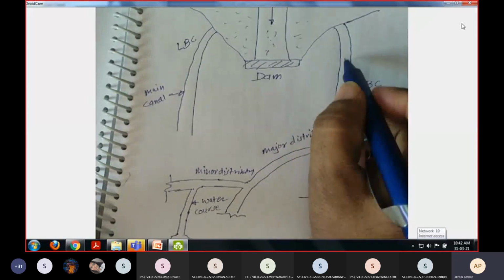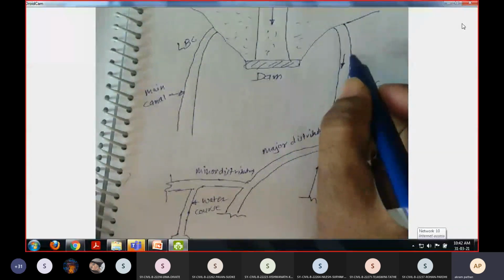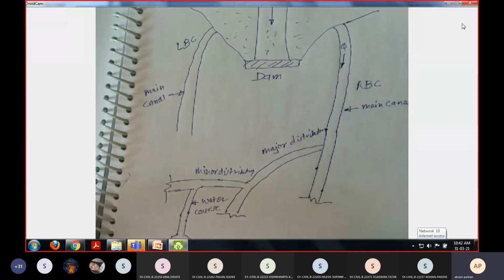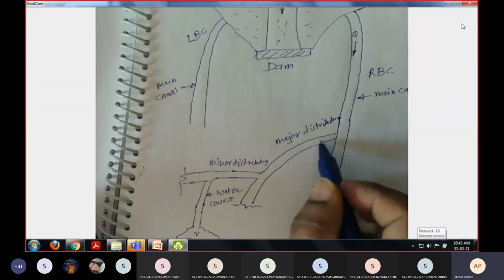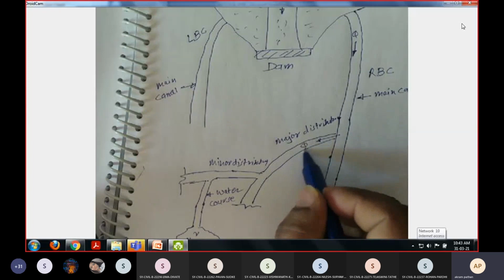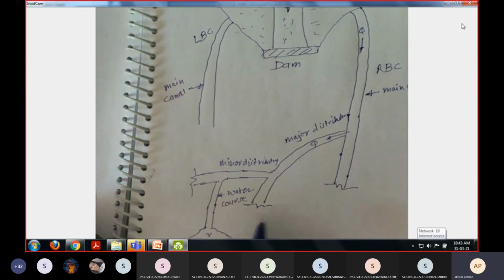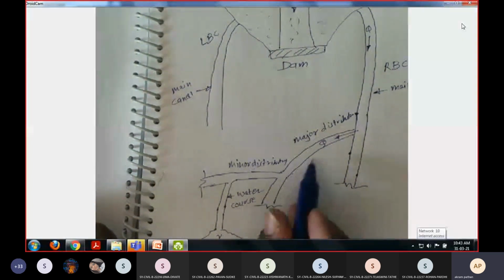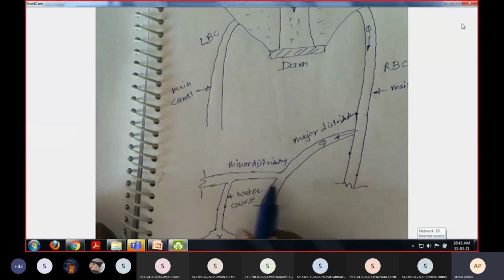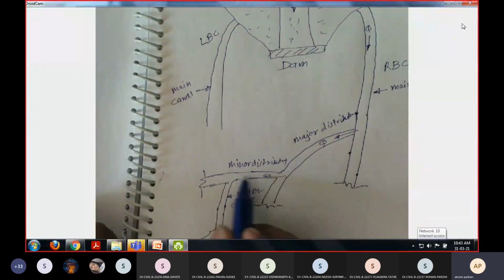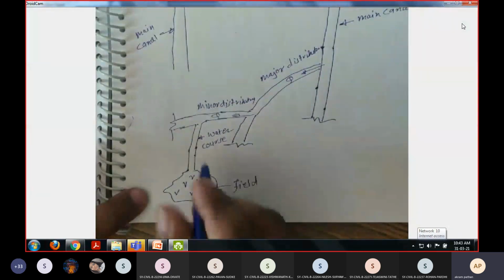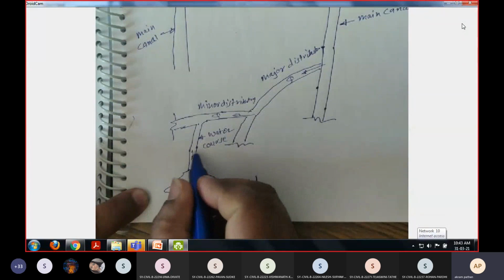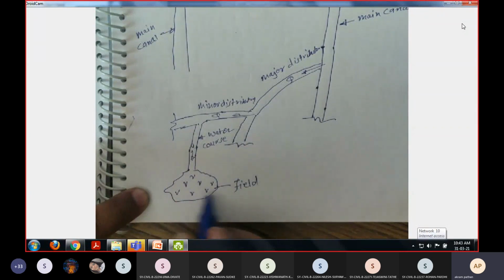First we have to supply the water from the main canal. Then from the main canal we divert the water into the major distributary. Then we distribute this water into the minor canal, and from the minor canal we supply the water for irrigation in the field.